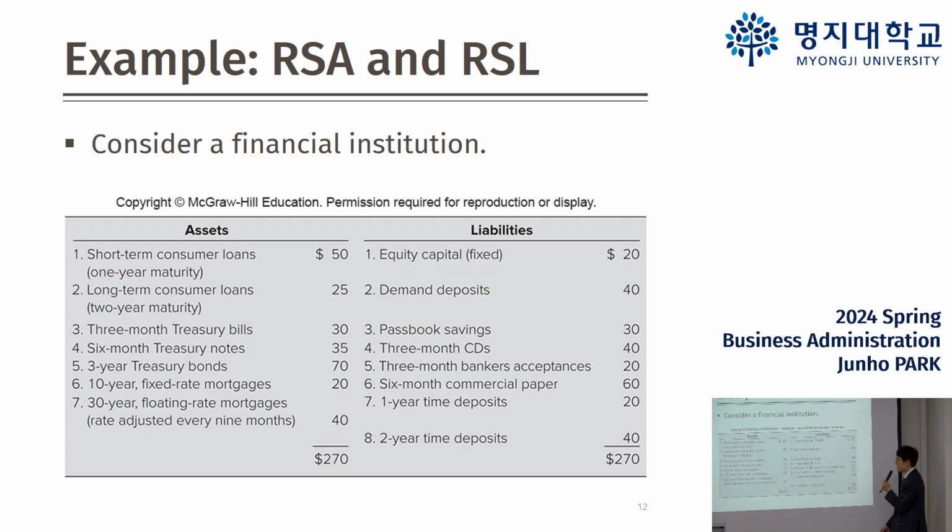Number 3 item, passbook savings. This is difficult because it does not exist in Korea. So this is a special kind of instrument available in the United States in the past. Here the passbook is the bank book.